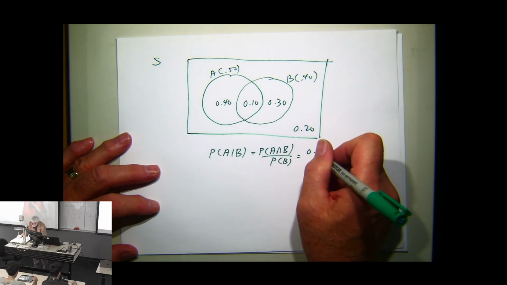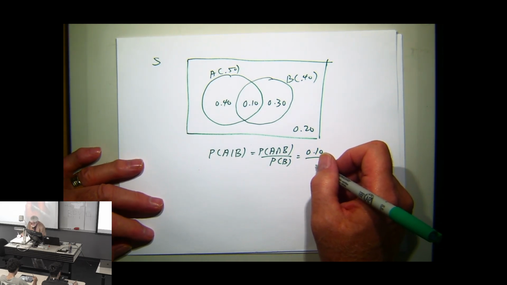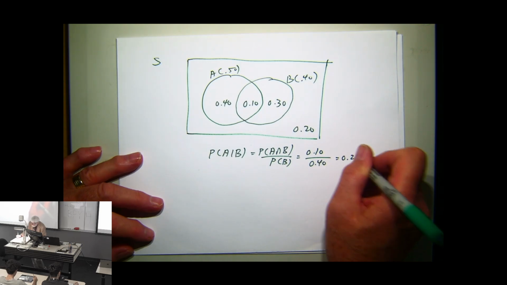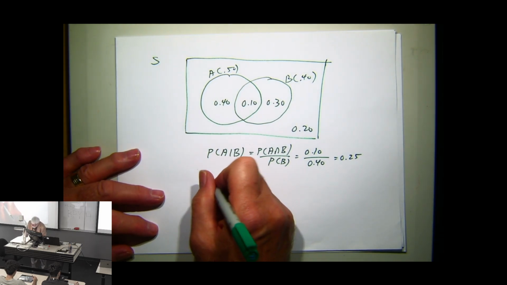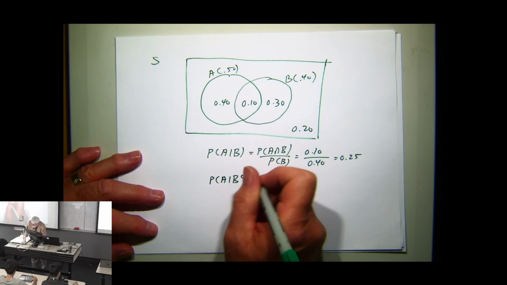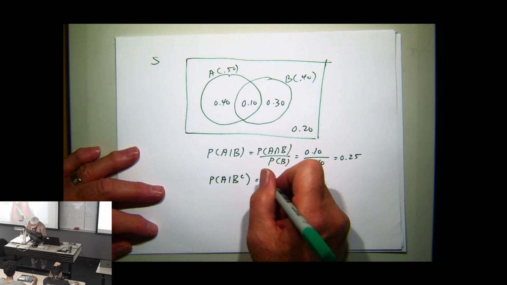to take 0.10 divided by the probability of B, which is 0.40, equals 0.25. And, it's kind of fun, the probability of A given B complement, let's work that one out.